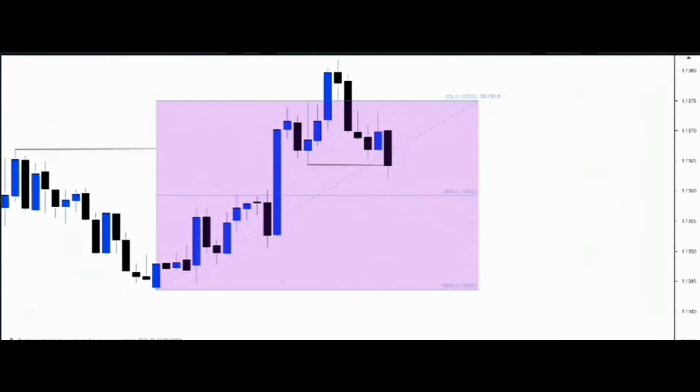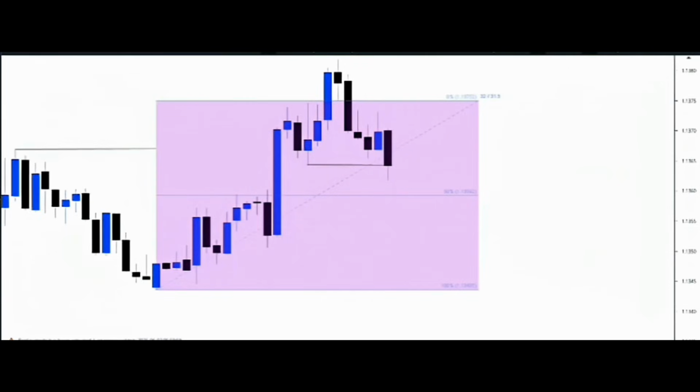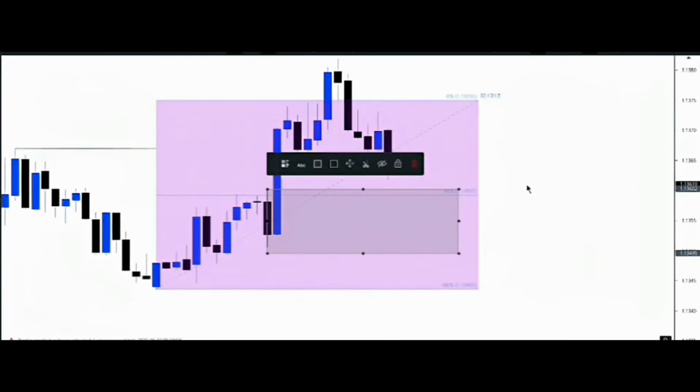Then the next one is this one. As you can see, it's already mitigated by this pullback, so we cannot use that. And now the next one is this one here. That's our zone that we want to take price from if price comes into it. So let's continue to advance price.